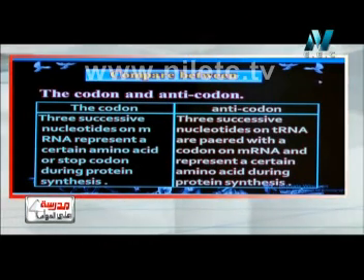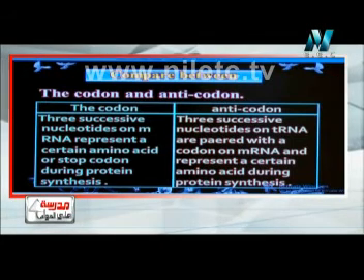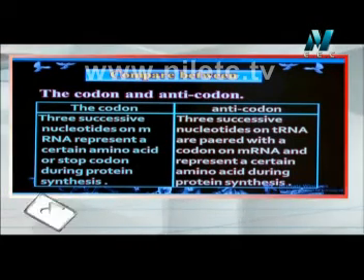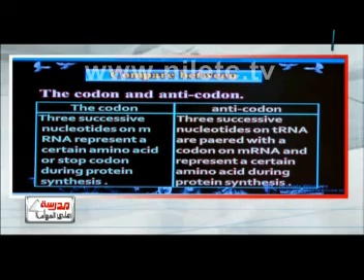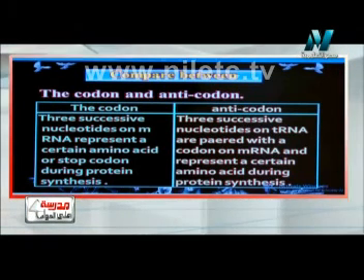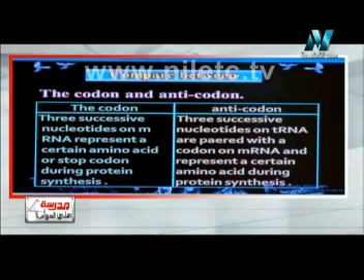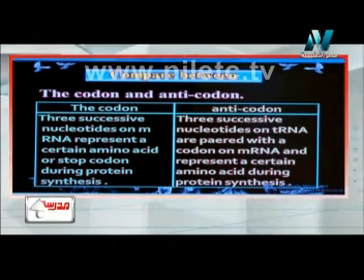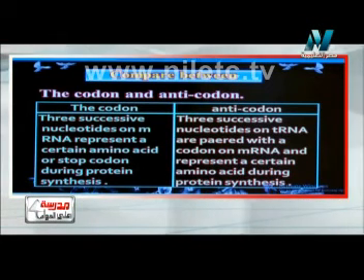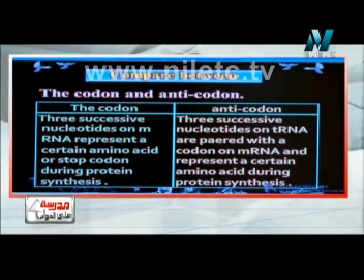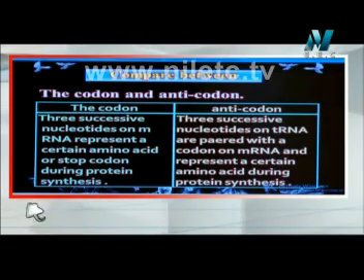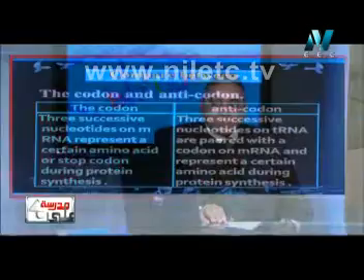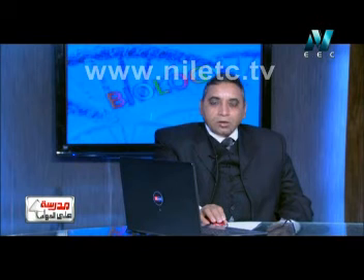But the anticodon is the 3 successive nucleotides on tRNA, which are paired with the codon in the mRNA and represent a certain amino acid during protein synthesis. So the anticodon is on the tRNA, but the codon is on the mRNA. The anticodon is 3 successive nucleotides on the tRNA, but the codon is 3 successive nucleotides on mRNA.